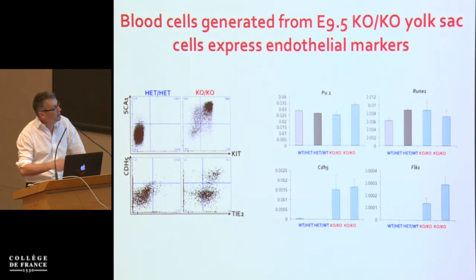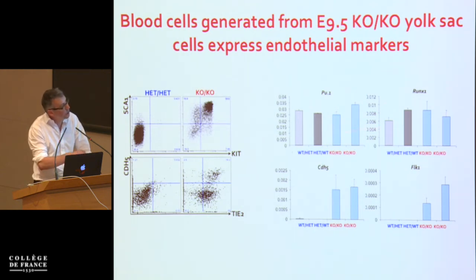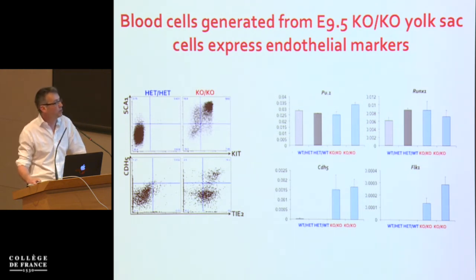What is striking is that even after the formation of the colony, these cells are still expressing endothelial markers such as VE-cadherin and Tie2. These are endothelial cells, and we can show this by FACS, and we can show this by PCR. But these cells are blood cells because they express hematopoietic transcription factors.